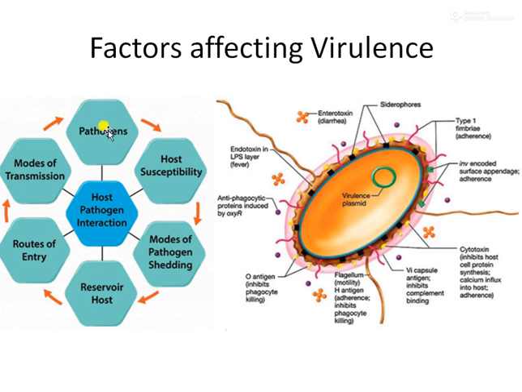So there are some host susceptibility factors and host-pathogen interaction factors which will contribute to the virulence of a particular pathogen. But in this session right now, I am just concentrating on the factors which are inbuilt within the pathogen and which enable it to cause pathogenicity or virulence.